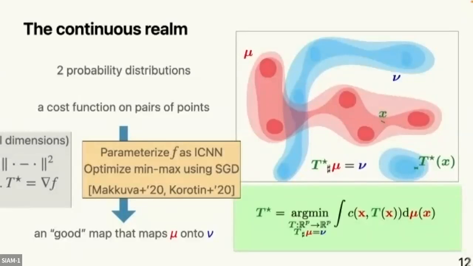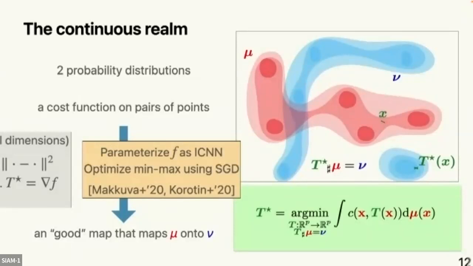What they did was to parameterize convex functions as neural networks. This is called an ICNN. It was proposed in an ICML paper in 2017, independently of optimal transport, to provide families of neural networks that were convex in their inputs, hence the name ICNN.